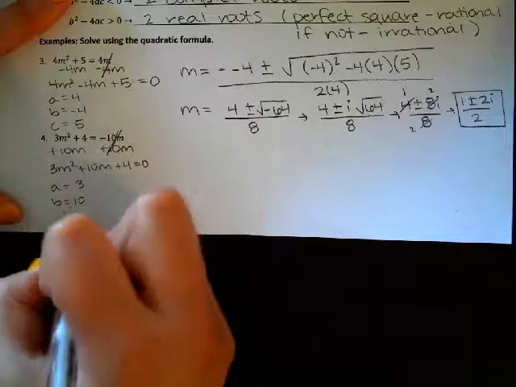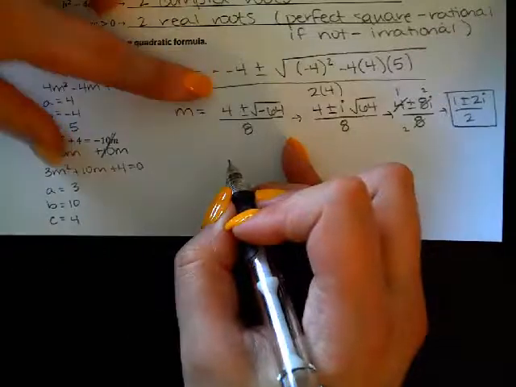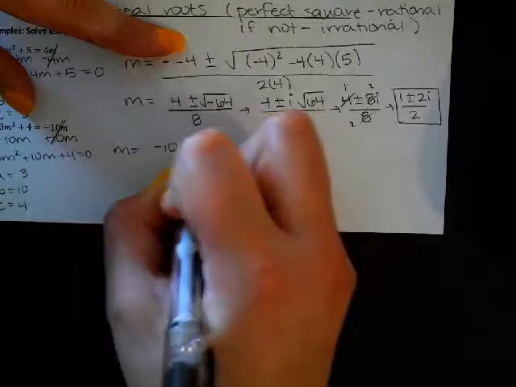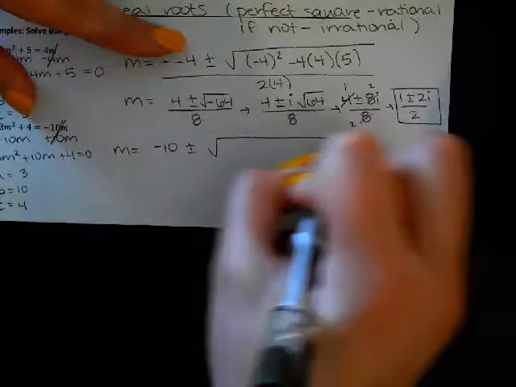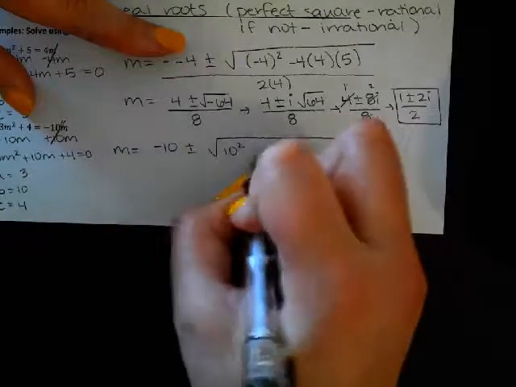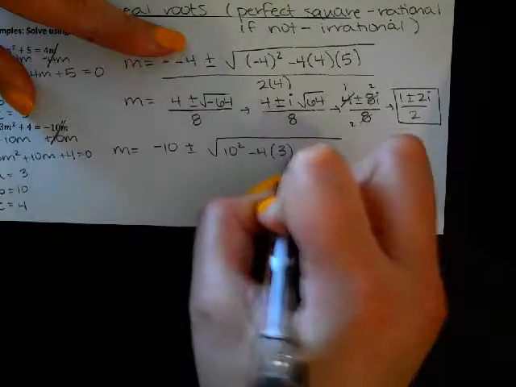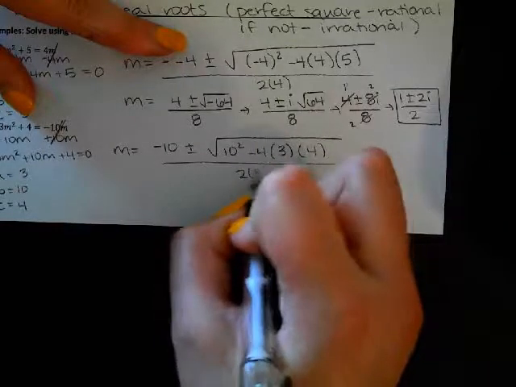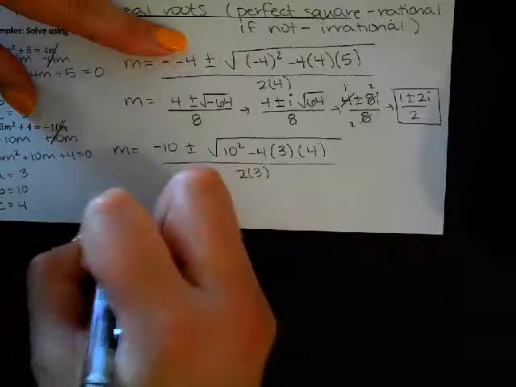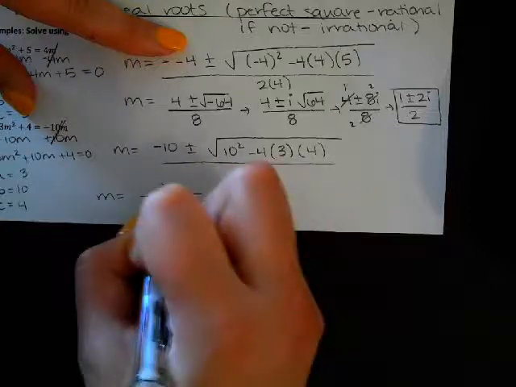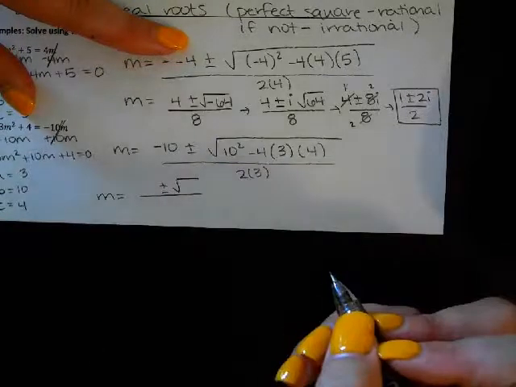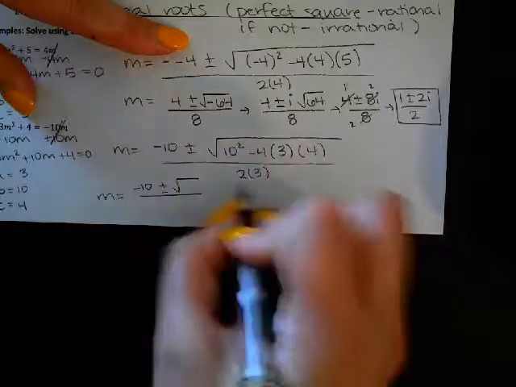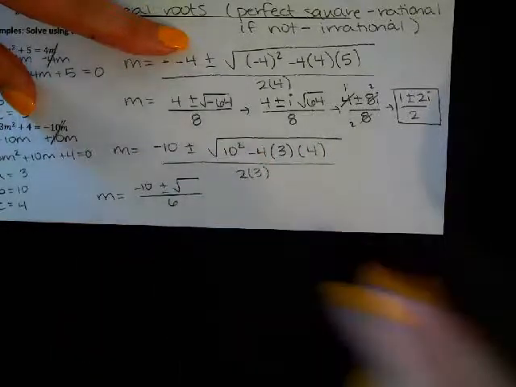So for the quadratic formula, that's negative b plus or minus the square root of b squared minus 4 times a times c, divided by 2a. So I'm going to go ahead and clean it up just a little bit. So for b, we got negative b in the front, we got 2 times 3, we got 6 on the bottom. And then I'm going to go ahead and figure out what my discriminant is.